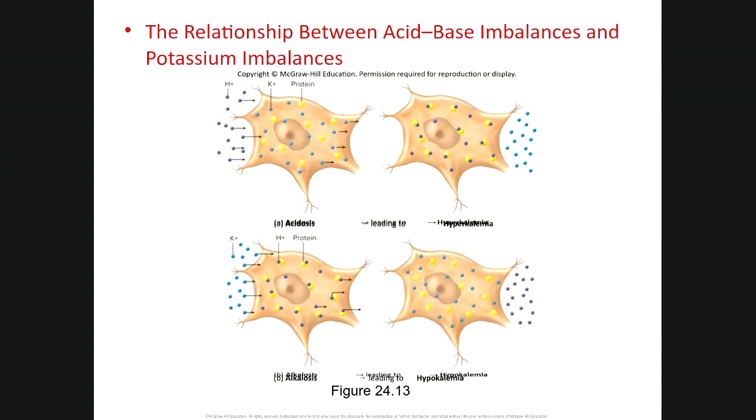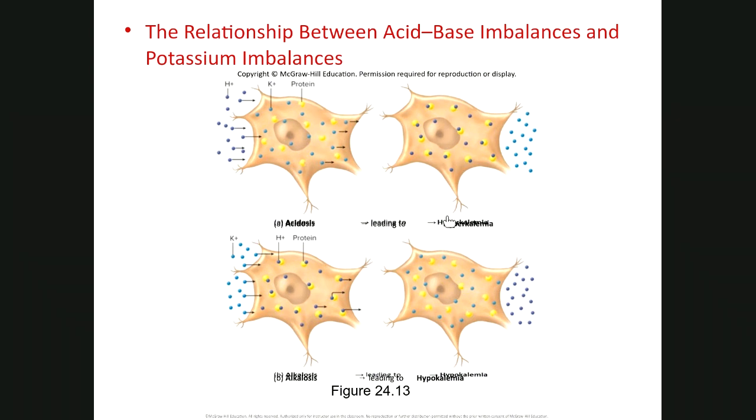Now here you see acidosis and alkalosis. If there's too much potassium, what really happens, let's say you have a case of acidosis, and we know if you have acidosis, you have a lot of H ions. Okay, that's cool. Now, if you have a lot of H ions, if they populate the extracellular fluid, it shows us that they can go inside because there's more of it outside.